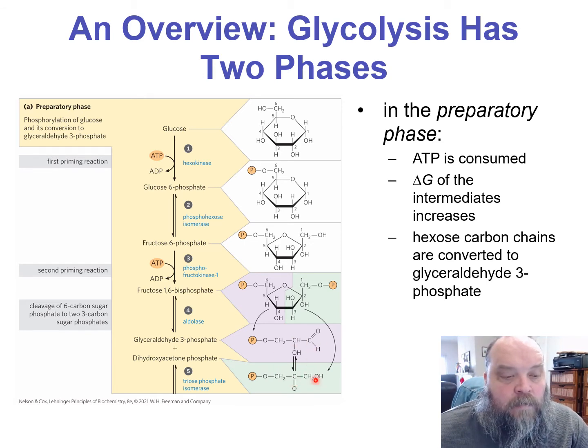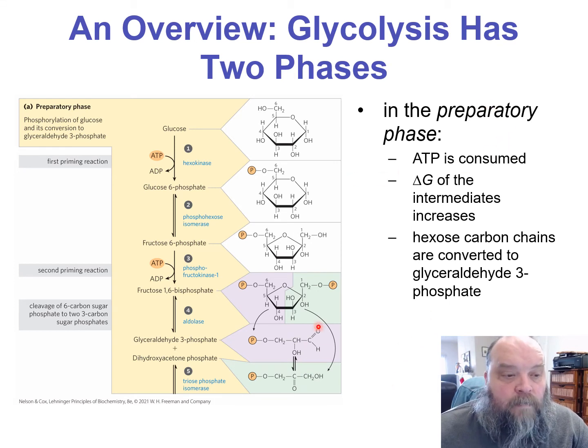There seems to be some back and forth between G3P, which is an acronym for glyceraldehyde 3-phosphate, and DAP, dihydroxyacetone phosphate. It fluctuates between these two forms, based on hydroxyl to carbonyl, hydroxyl to carbonyl. So we get this back and forth, back and forth.